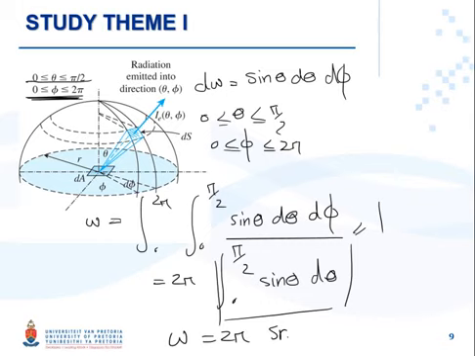The other thing we need to think about is that the differential area ds here is normal to the direction of viewing, since it is viewed from the center of a sphere. You see that it's normal. But what if it's not normal?